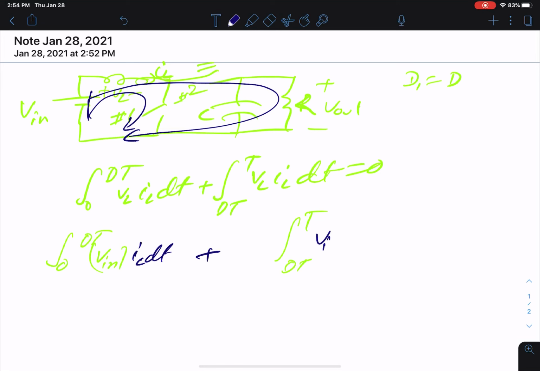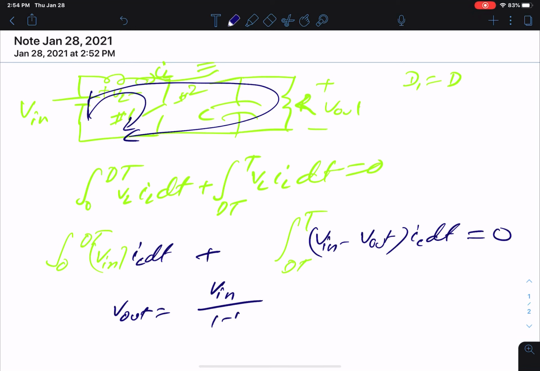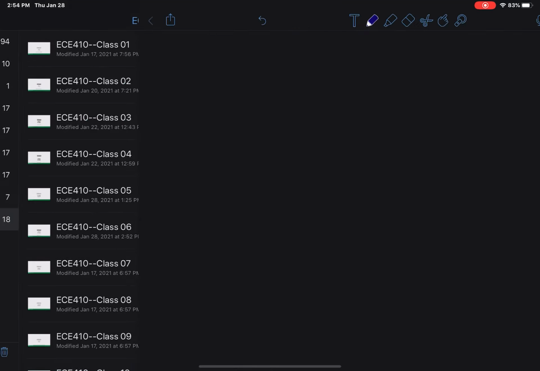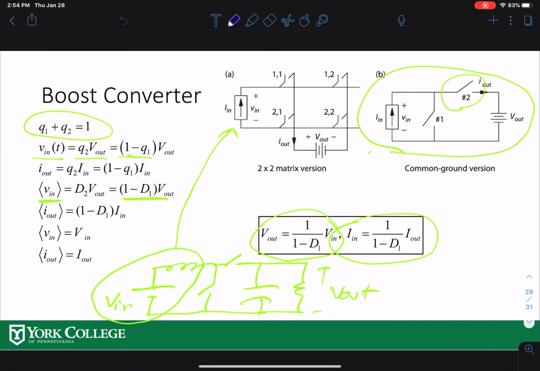So you have V in minus V out times IL dt from dT to T, equal to 0. If you solve it, you'll also get the same equation: V out equals V in over 1 minus D. Again, D is D1, right? So that's the boost converter relation in voltage and current.